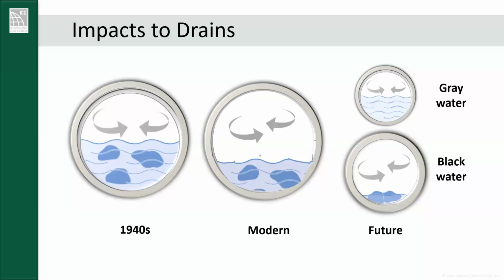There'll be less water in a smaller pipe, and then you might have two drainage lines, one carrying the black water waste and one carrying the gray water, because the gray water could potentially be treated and returned to use for specific appliances or fixtures, rather than just letting that go down the drain.